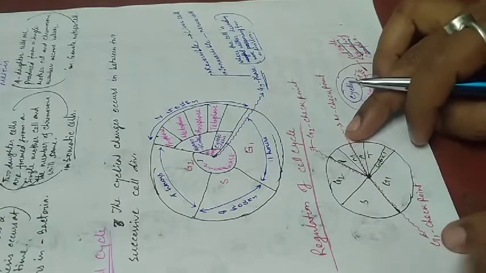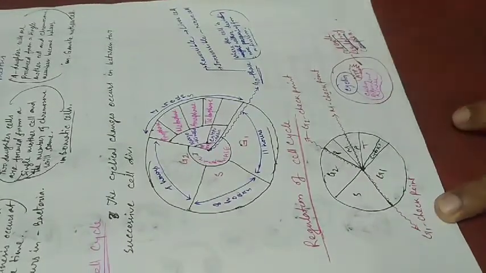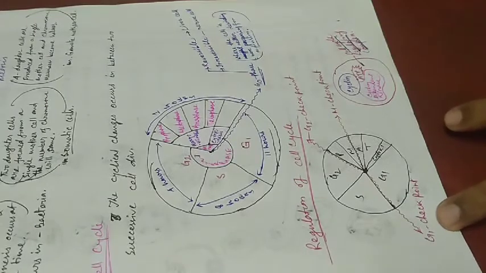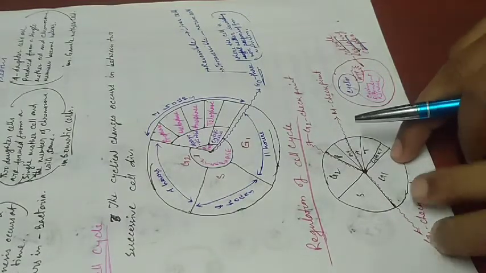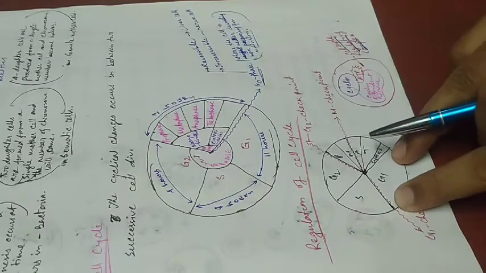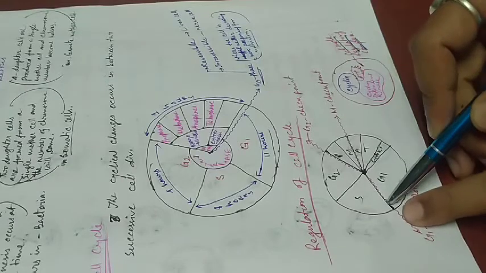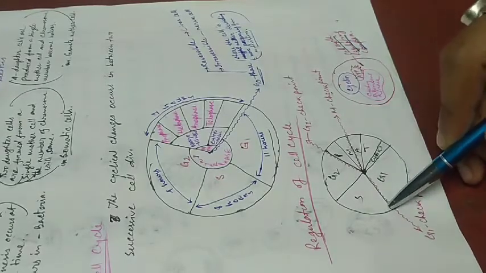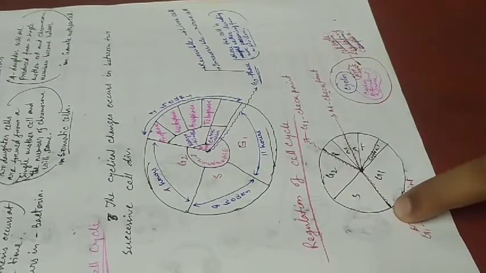Okay, so how does it work? In the case of the G1 checkpoint, G1 cyclin takes part. The G1 cyclin is present at that checkpoint, and then the cyclin dependent kinase will bind with the help of ATP at that point, and they check the protein synthesis, meaning the enzyme synthesis which is needed for DNA replication.